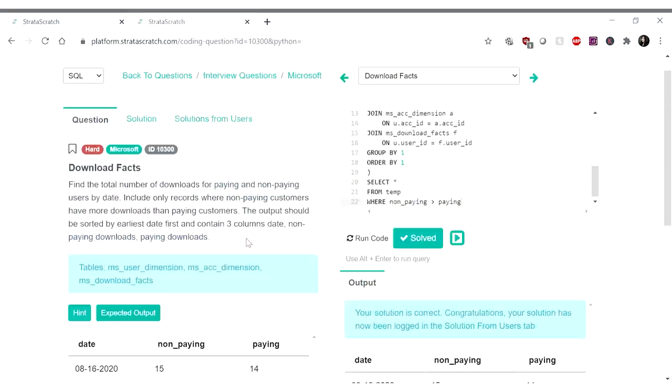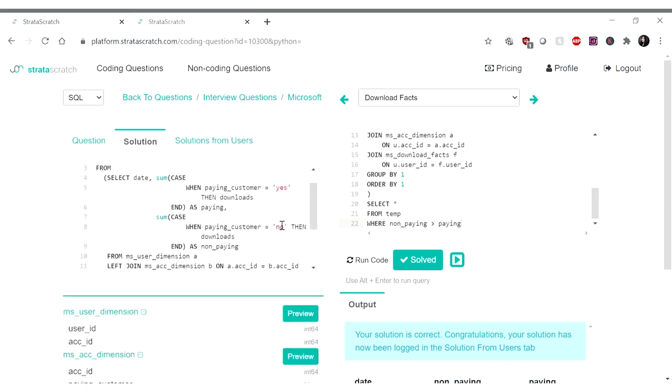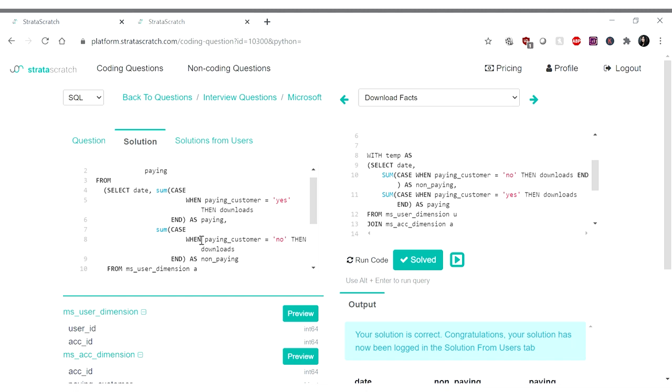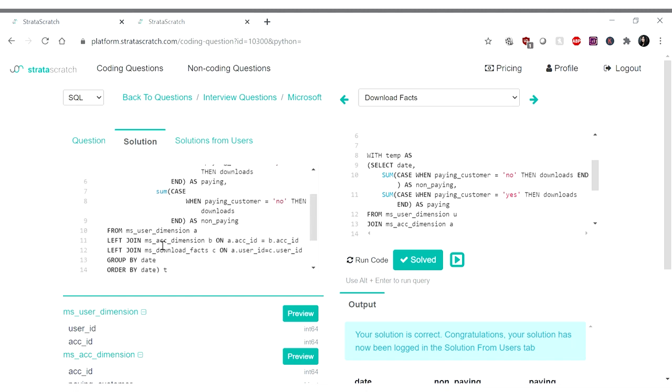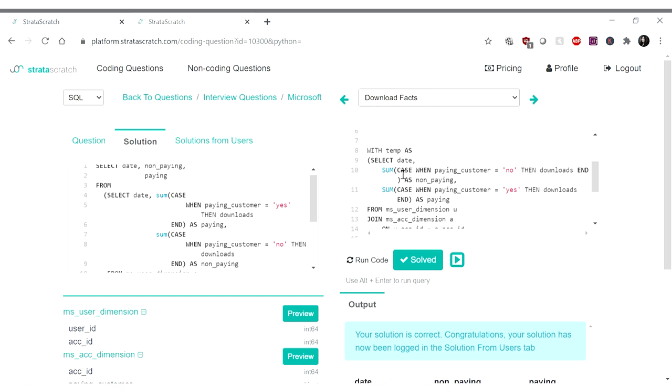Yay! Okay. I want to actually see here, because I wonder what they did in terms of their solution. Let's see. Okay, so this is their inner query, so let's also look at that.